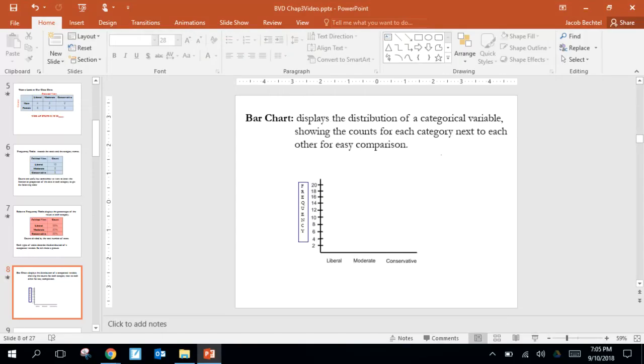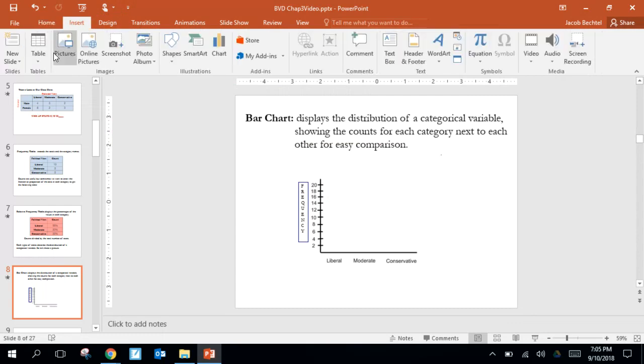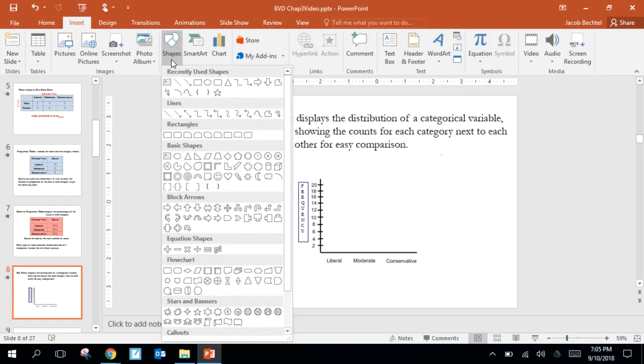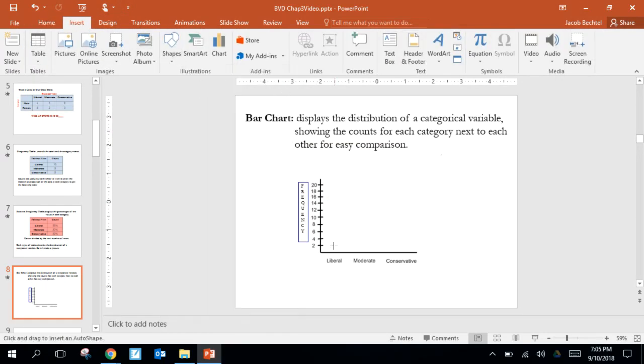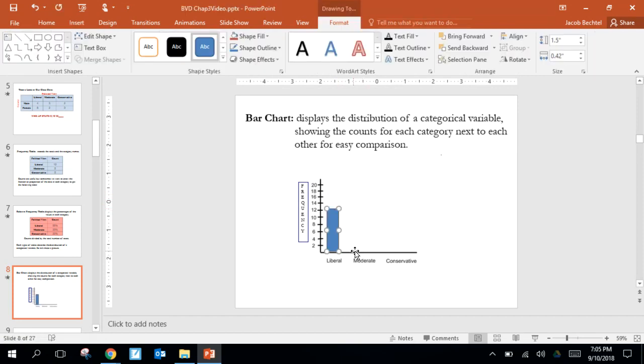So in this case, we can do it on a bar chart this way, and we had our counts: liberal, moderate, conservative. We'll put in some bars to show this. For liberal, we said our count was 12. So I'd make a bar for liberal going up to 12. And then moderate and conservative were both 5.